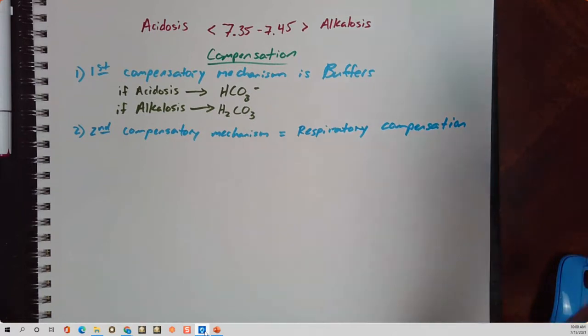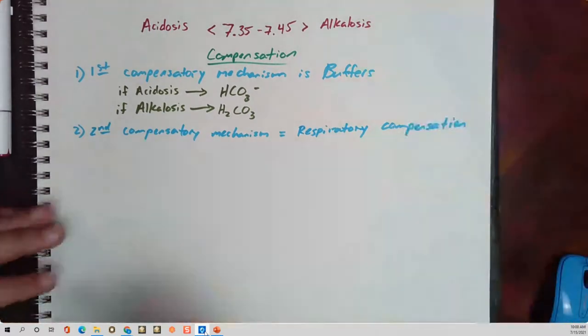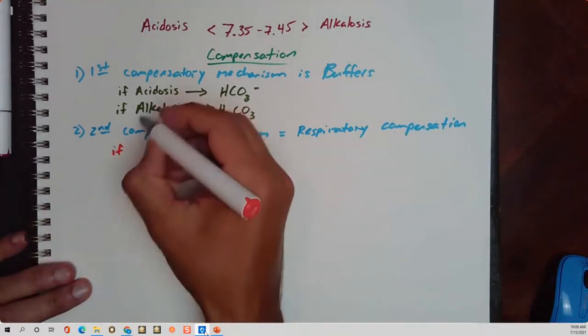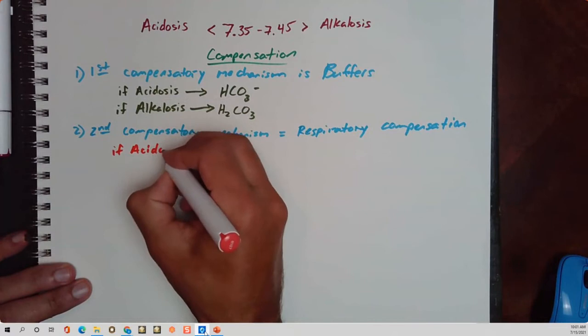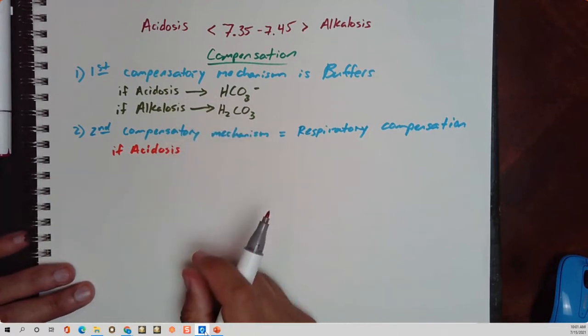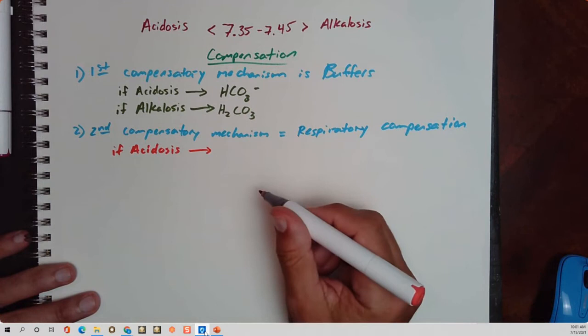This is where hyper and hypo ventilation can be very helpful, can also be problematic. But if our patient is in acidosis, then their body has too many acids. And what do we know about the respiratory reflex? If there are too many acids in the system, are we going to breathe faster or are we going to breathe slower? To get rid of those acids.